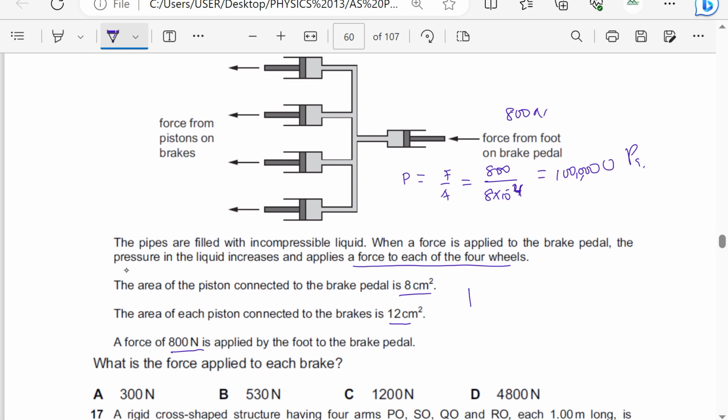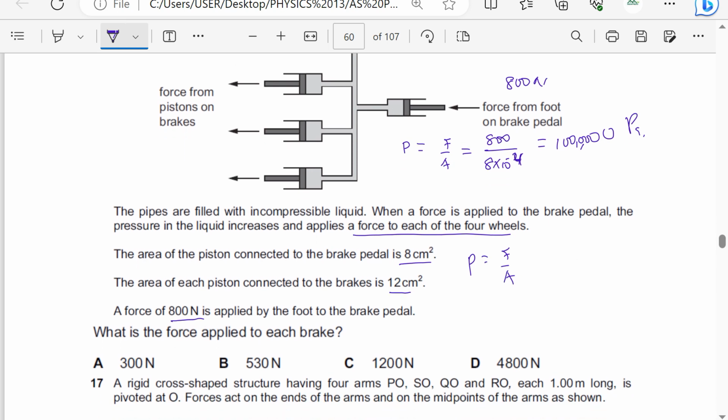The pressure again is going to be force over area. We want the force applied to each brake. The pressure remains the same, 1 million is equal to the force divided by the area of each.